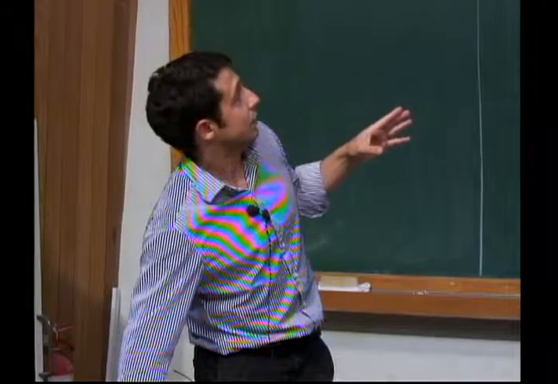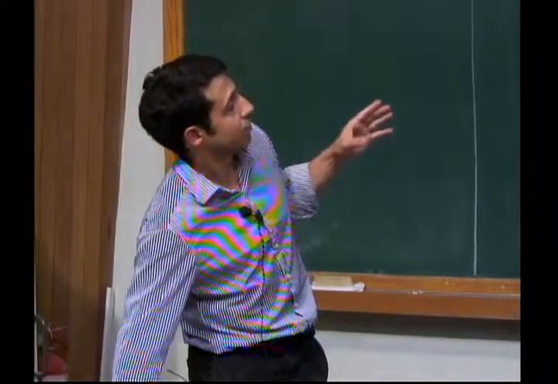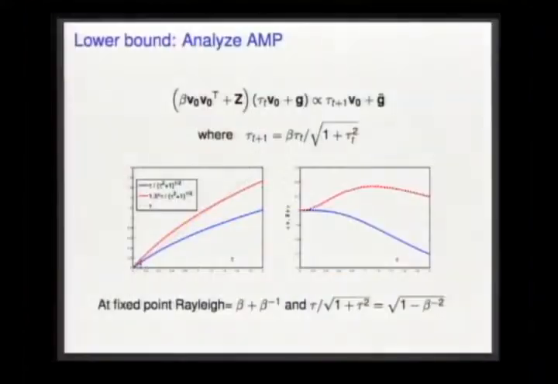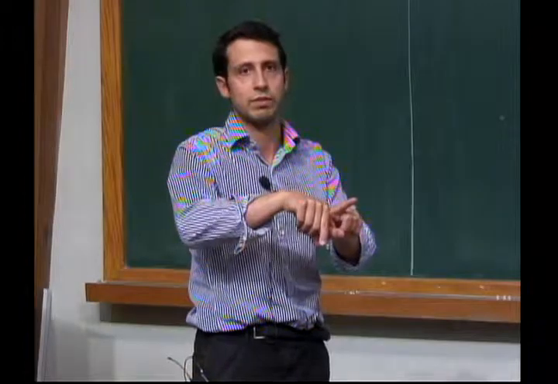And in case beta equals 1 or beta smaller than 1, you get only an intersection at 0. This means that the sequence of vectors V_t is going to converge to a vector that is orthogonal to V0.